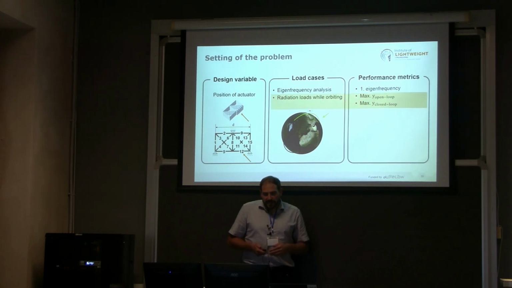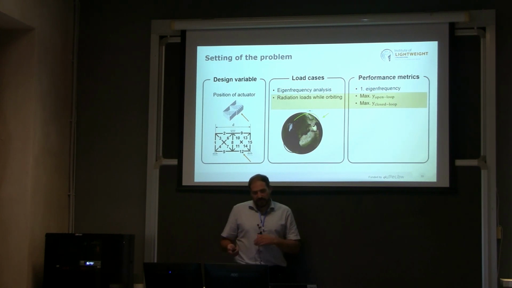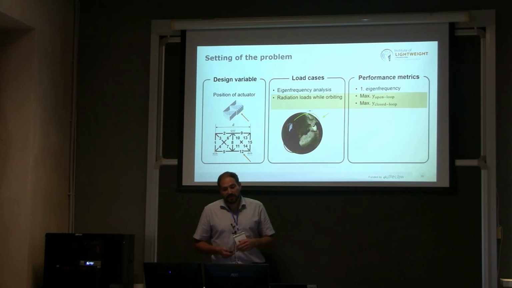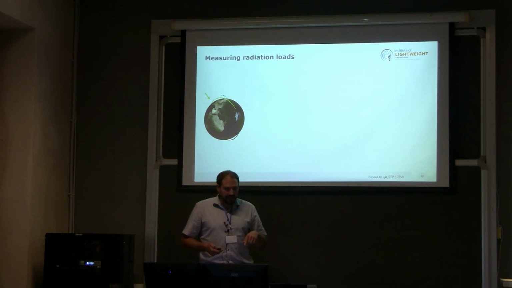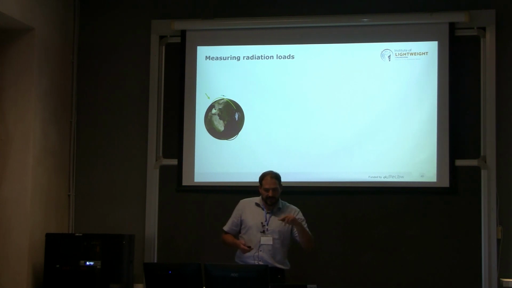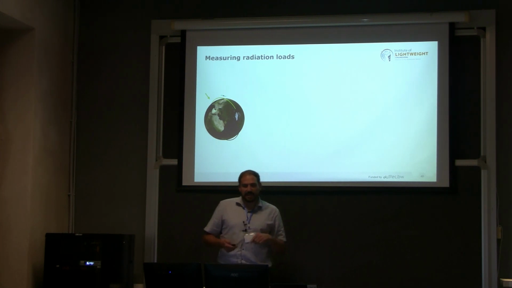And here I put one little intersection. So how do I calculate the deformation under radiation loads? If you look at the sun vector and the satellite orbiting the Earth, you see here in yellow if it's in the sun, and in black if it's an eclipse.